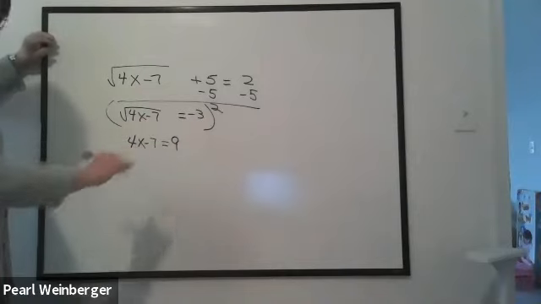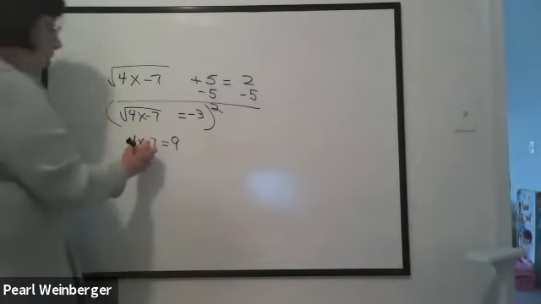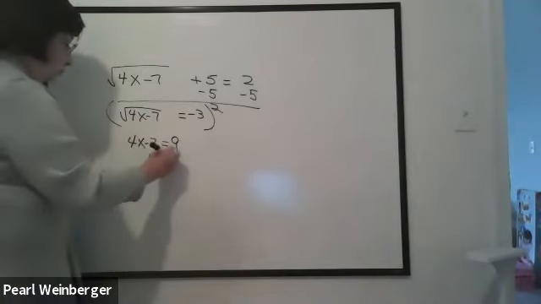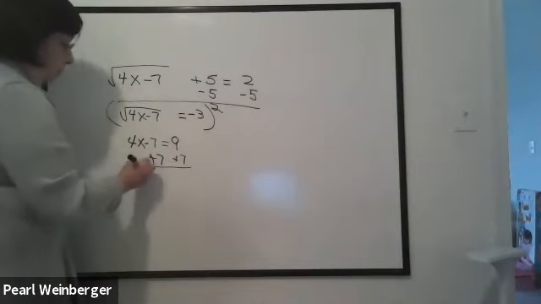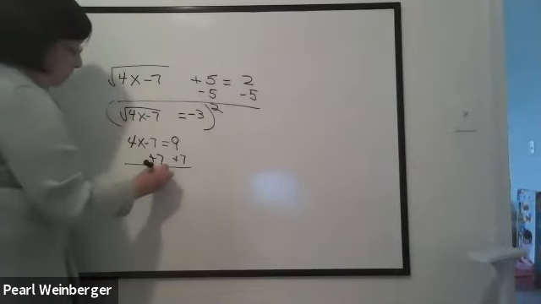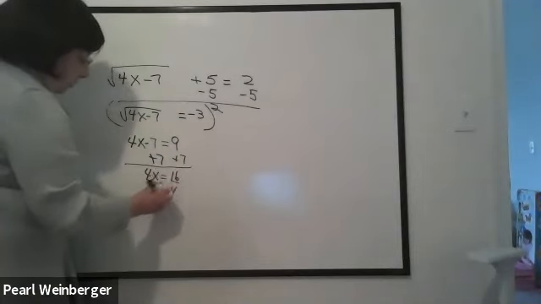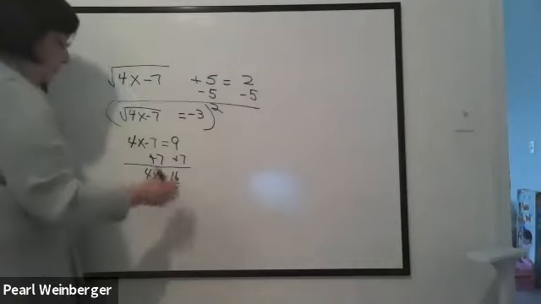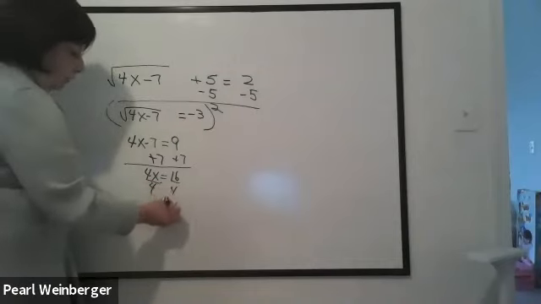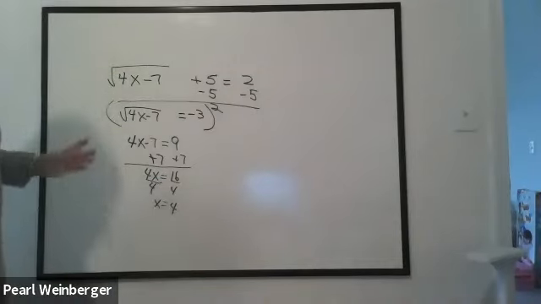And now I have a regular equation to solve. So this gives me 4x equals 16. And that gives me x equals, when I divide both sides by 4, 4. Okay, let's check our answer.